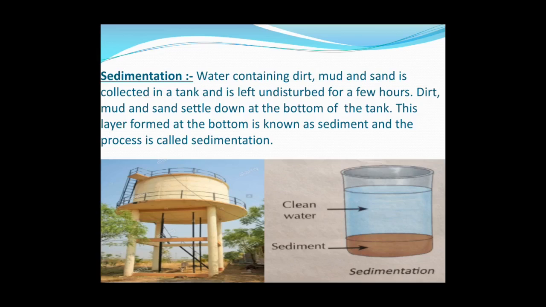Water containing dirt, mud, and sand is collected in a tank and is left undisturbed for a few hours. Dirt, mud, and sand settle down at the bottom of the tank. This layer formed at the bottom is known as sediment, and the process is called sedimentation.